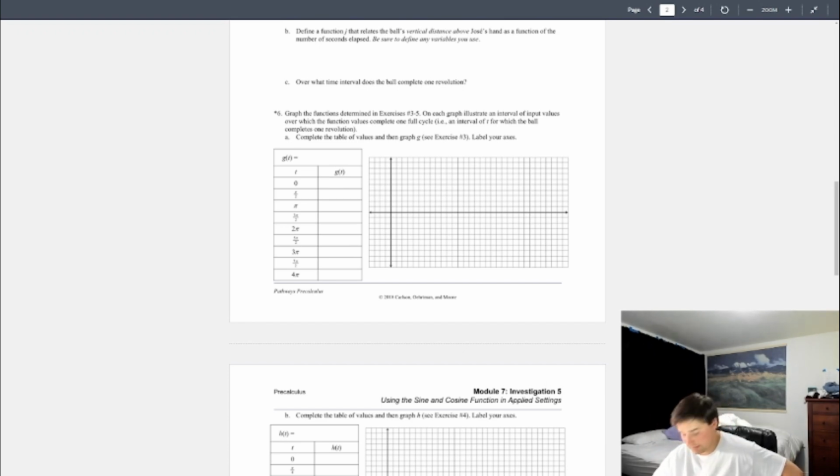I can just do this on Desmos, I feel like. Maybe just give me the values. Sine of x, and then times r, which is the radius. Sine of x times 2.3.